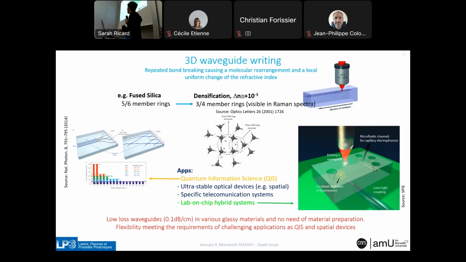These extremely stable photonic circuits that you can create by laser writing can be associated with specific applications, but they are also very attractive for quantum information science demonstrations, because then you can write the very stable interferometers you need for these quantum science applications. And obviously, you take benefit from the flexibility to make hybrid systems or to prototype systems in an easy way.